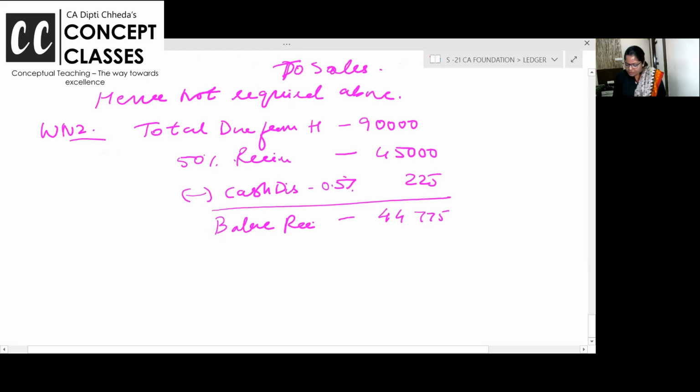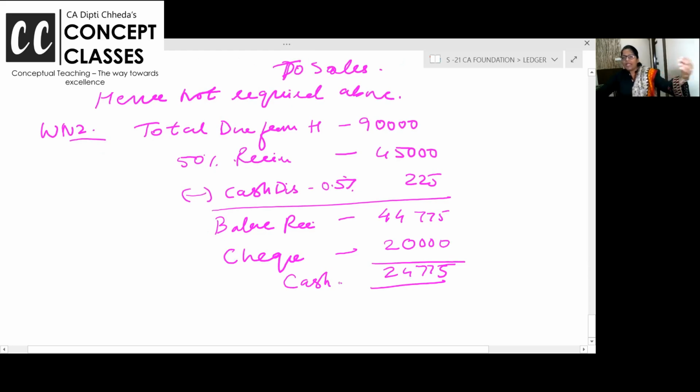Out of that, you should write all this in the exam, check is received for 20,000. So remaining 24,775 in cash. Take your time to write this.